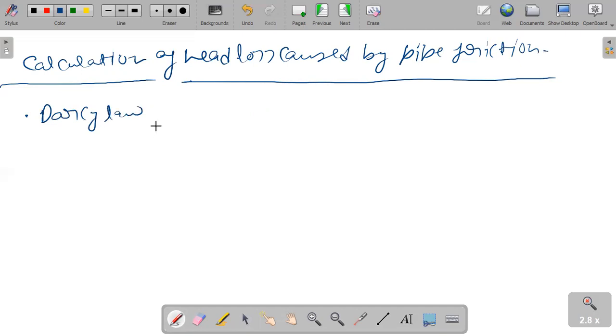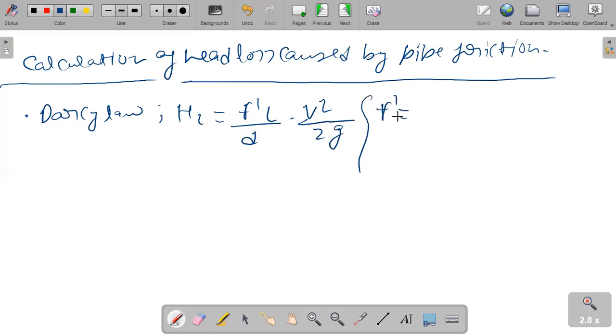For this we have head loss HL is equal to F dash L by D into V square by 2G, where F dash is the friction factor.